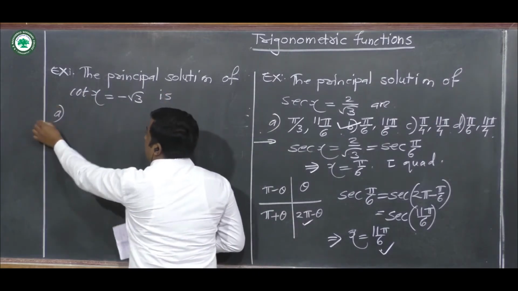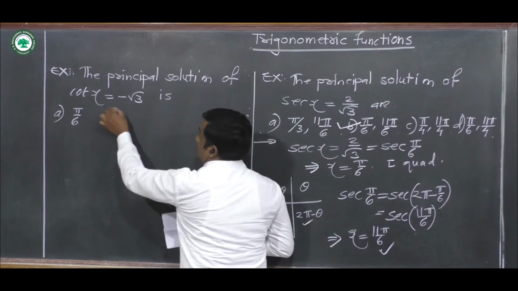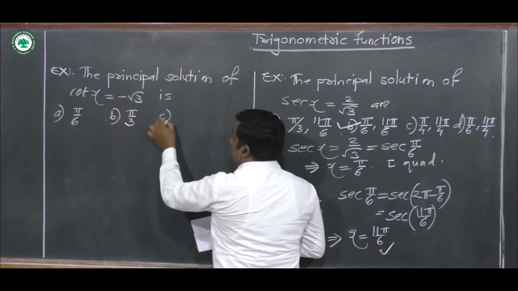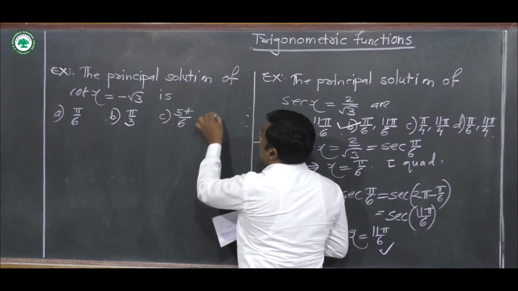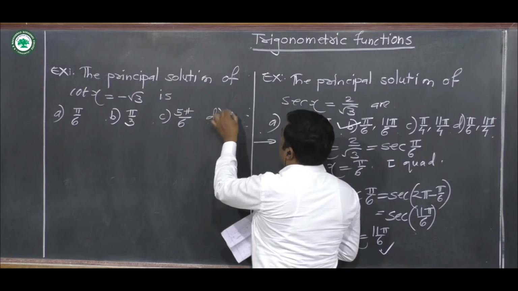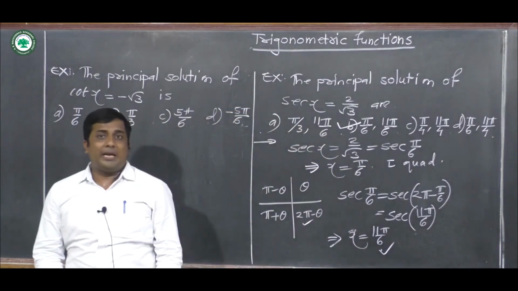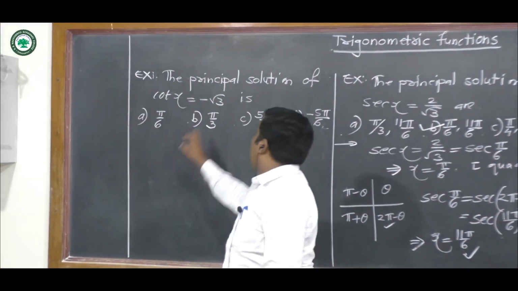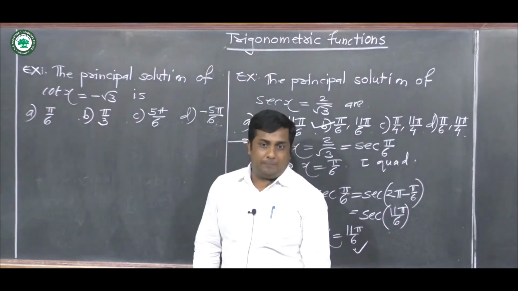In the first option given is pi by 6, in second pi by 3, in third 5 pi by 6, and in the last, minus 5 pi by 6. For the trigonometric equation cot x is equal to minus root 3, we have to find the principal solution.